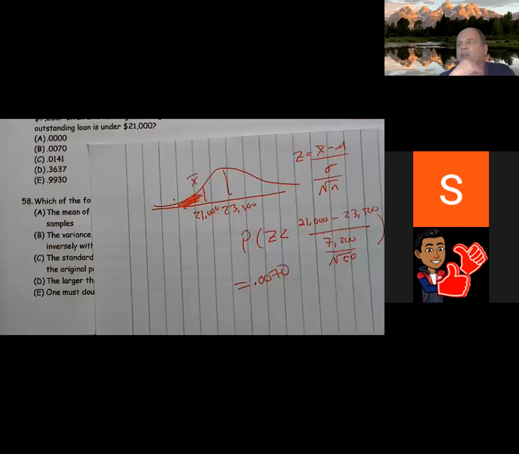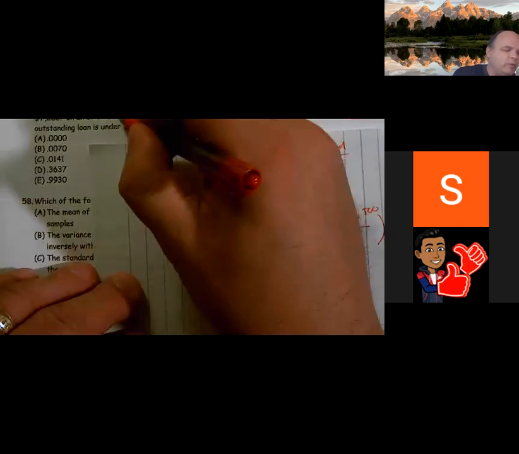Going back to number 57, the question was asked, hey, this formula applies whether or not it's normal or not, because they didn't tell us it was normal. It could have been skewed, probably is actually skewed, all right? But our sample size was 50.